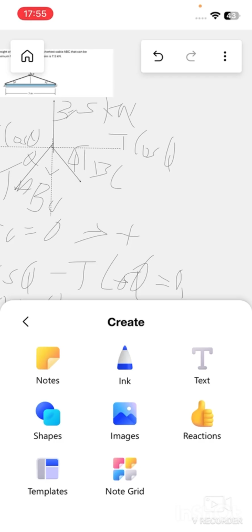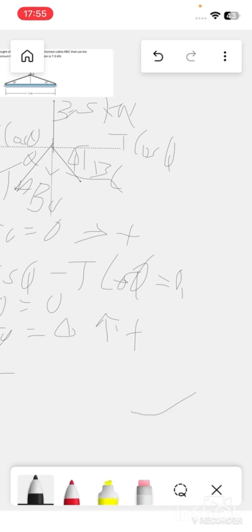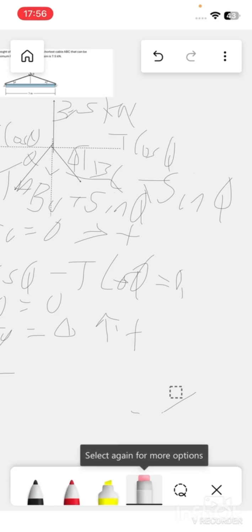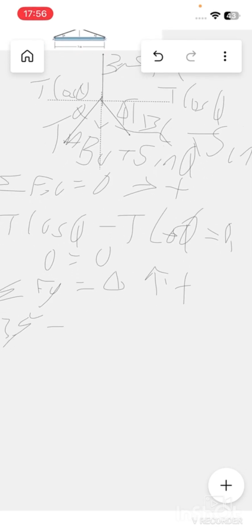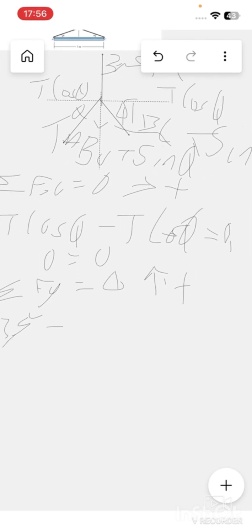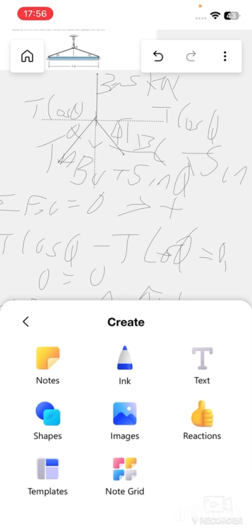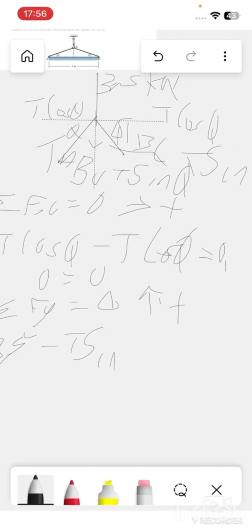We have two forces, so we need two components. One component is T sine theta, and this one is also T sine theta. Okay, fine. So the vertical summation is 3.5 minus T sine theta minus T sine theta.